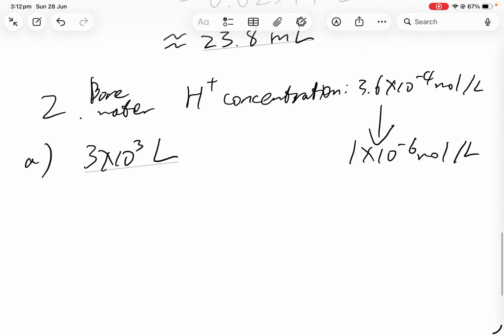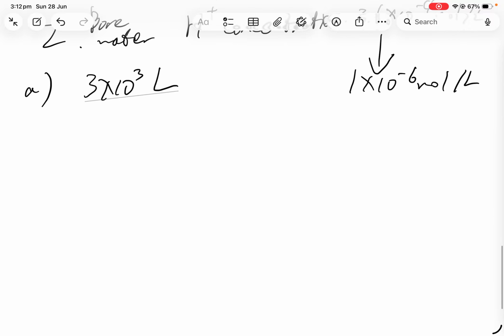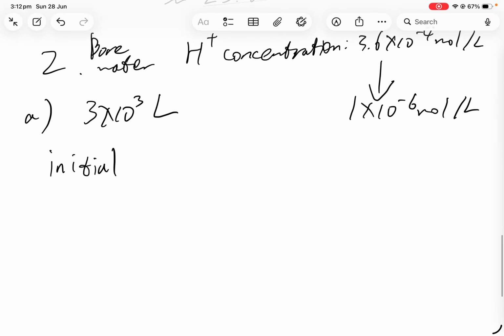Or we can do pH, but we already did pH, so we can do initial moles. How many moles of hydrogen ions are there in this amount of bore water?